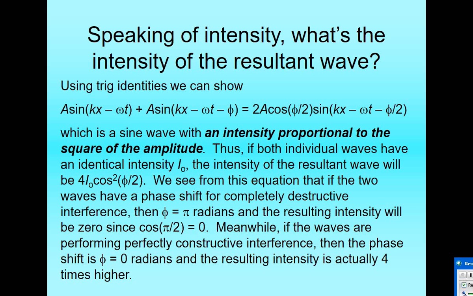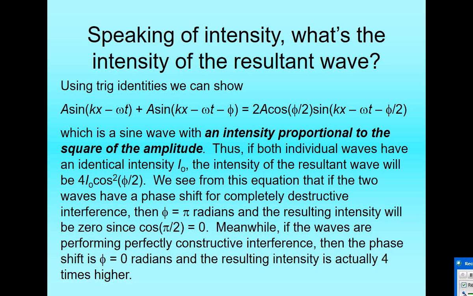Given that the intensity is proportional to the square of the amplitude, we also see another interesting effect. In the situation of constructive interference, where phi is equal to 0, and the cosine of 0 is 1, the amplitude of the wave is 2a, but the intensity is proportional to the square of the amplitude, which means that the intensity of the combined wave is 4 times the intensity of a single wave.